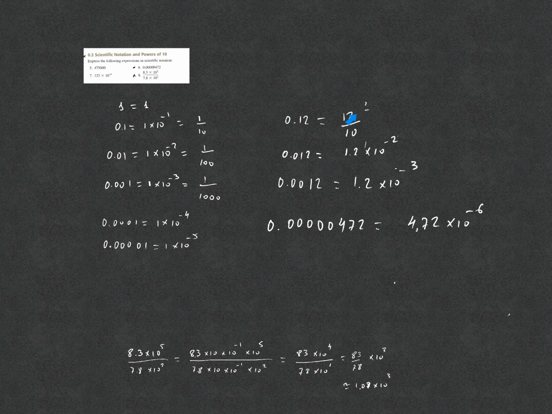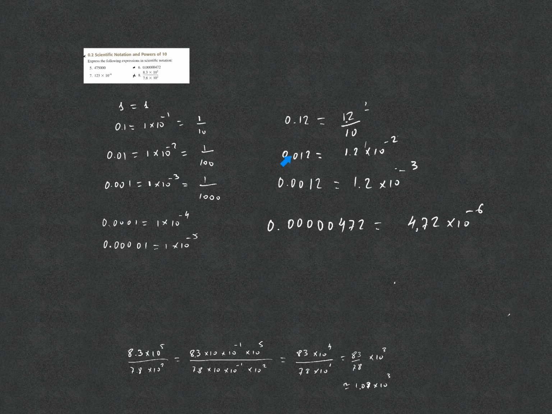0.12 is 1.2 divided by 10. 0.012 is 1.2 times 10 raised to the minus 2. So I go 10 to the minus 1, 10 to the minus 2, 10 to the minus 3: 1.2 times 10 to the minus 3.